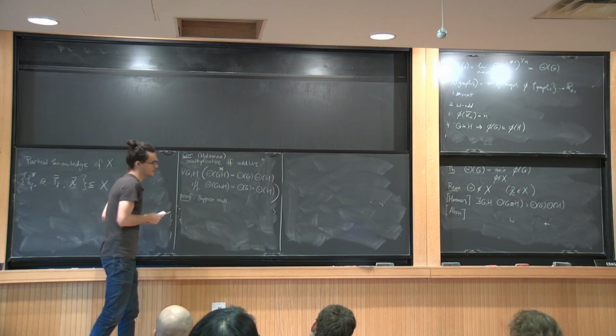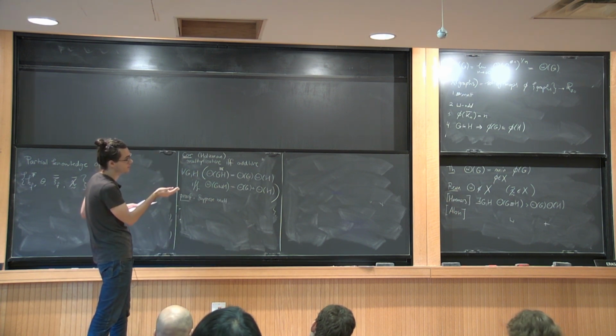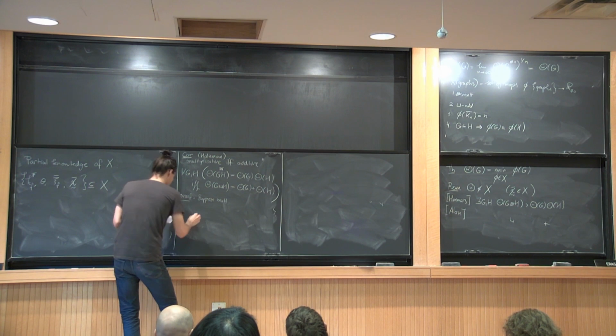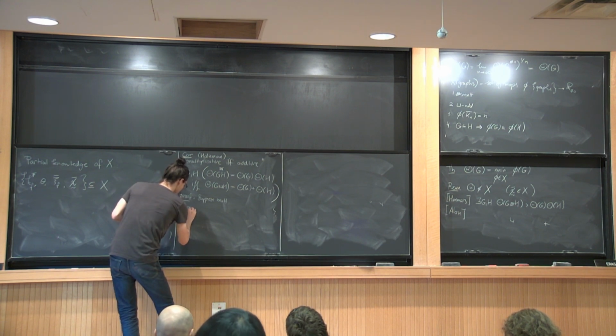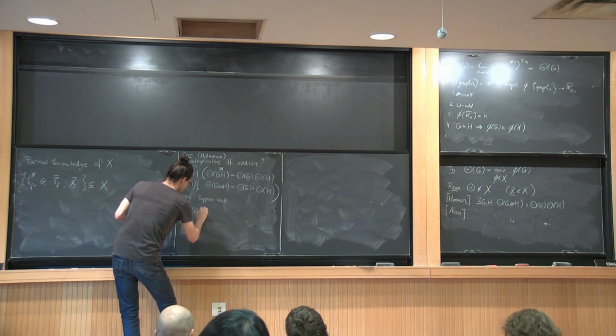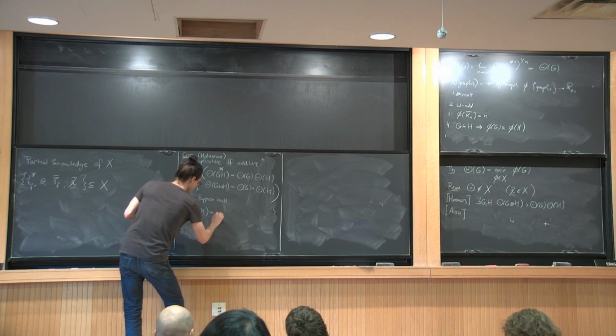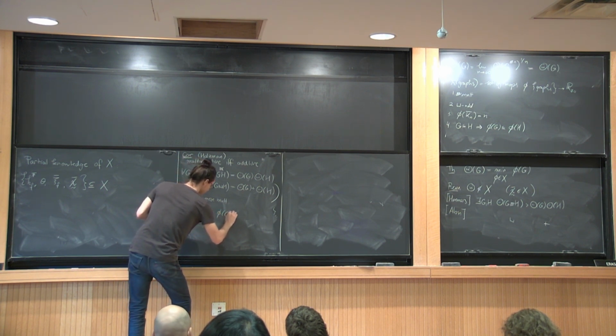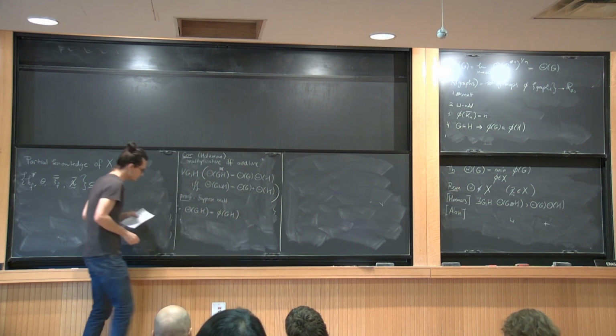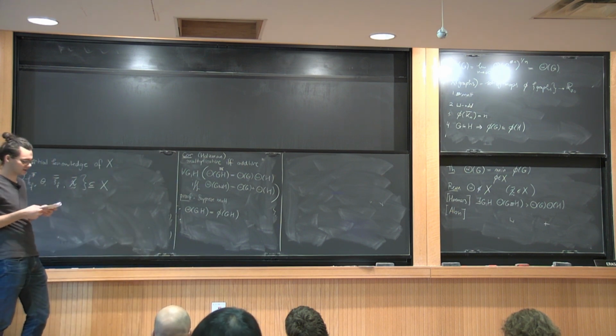Then we know that there exists an element phi such that theta of G times H equals phi of G times H. Right? Because we can write Shannon capacity as a minimization.